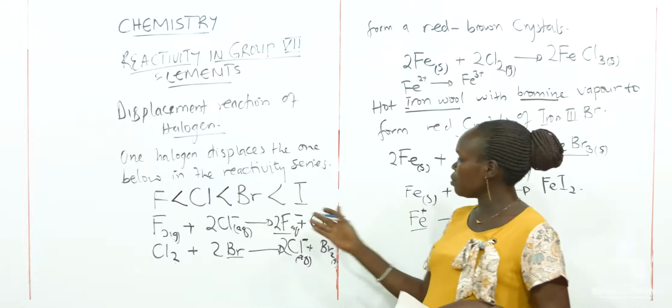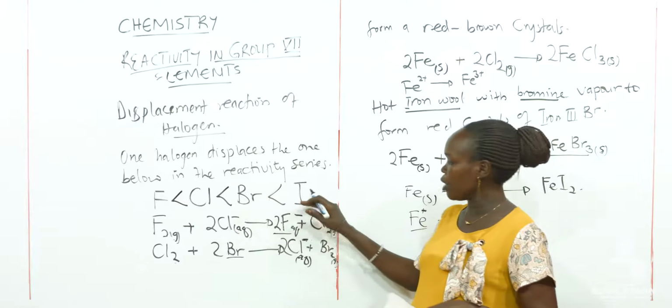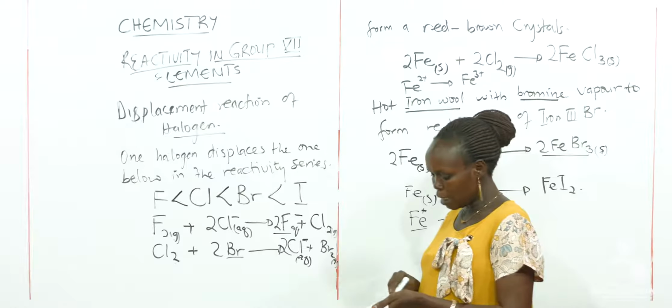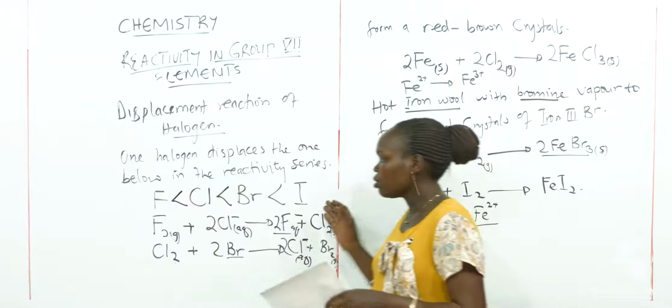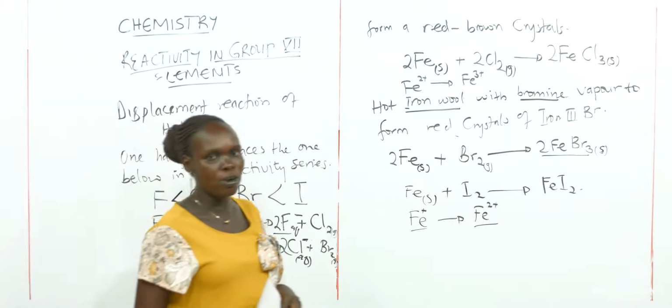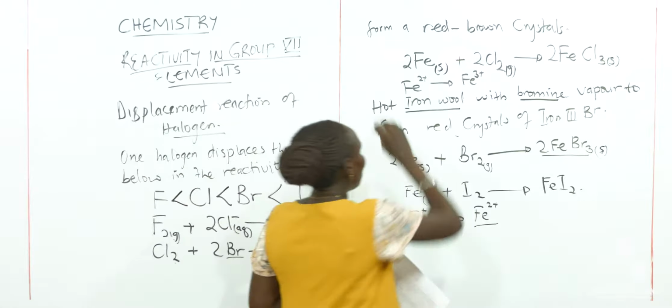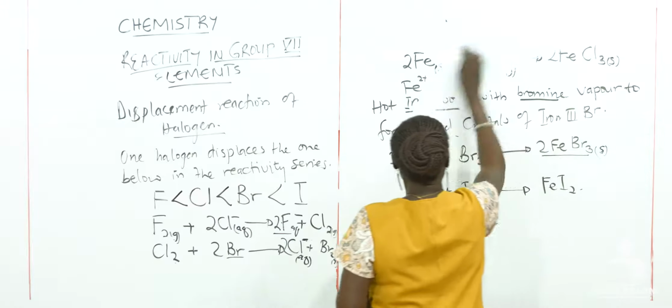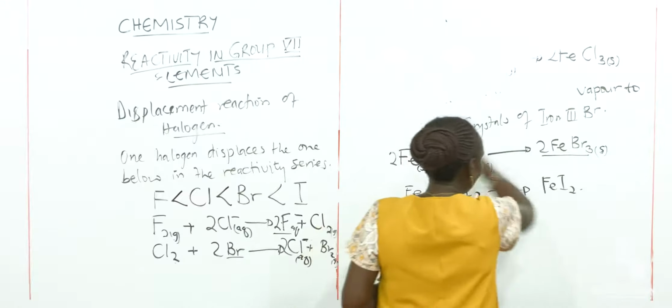The same thing will happen with bromine and iodine as we go down the group. Remember that the reactivity decreases as we move down the group. So those below have a lower reactivity, and they are displaced by the one having higher reactivity.